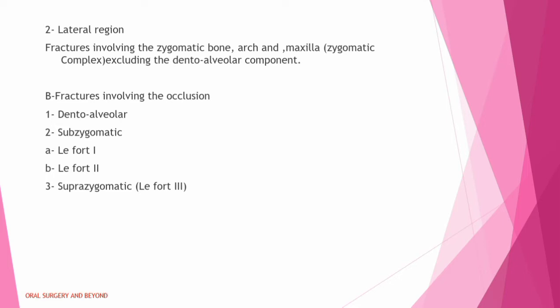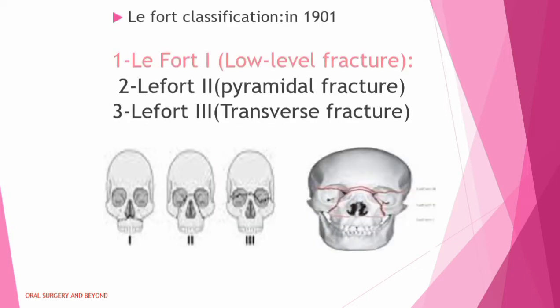Fractures involving the occlusion we can consider as three types: a dento-alveolar fracture, subzygomatic fracture which includes Lefort 1, Lefort 2, and suprazygomatic, which means Lefort 3 fractures. Today we are seeing in detail Lefort 1 fracture, which is also known as a low level fracture.